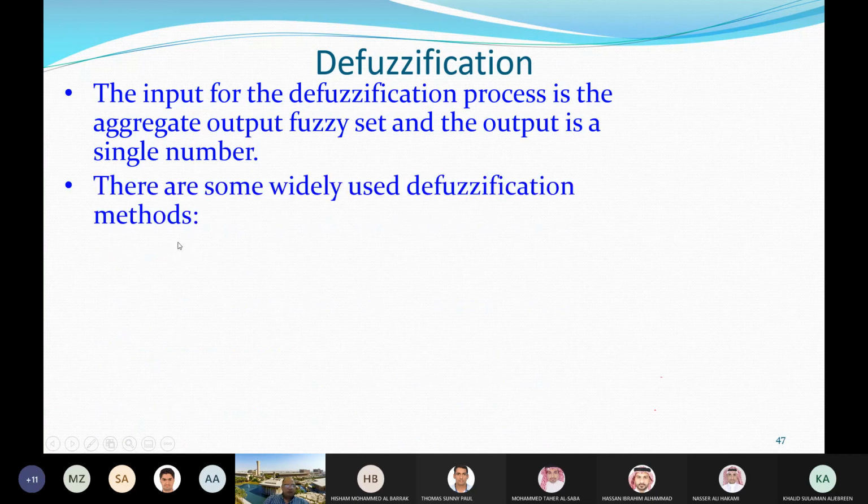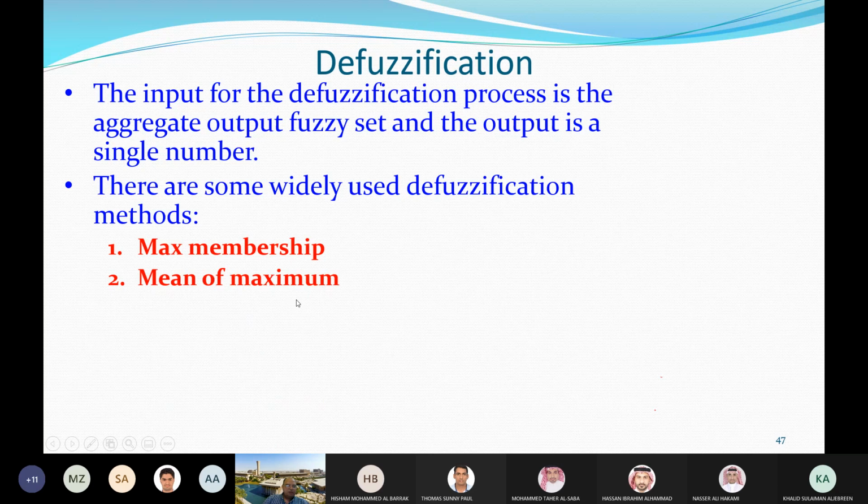There are some widely used defuzzification methods. One of them is maximum membership, and we will see how. Mean of maximum is another straightforward calculation for converting from fuzzy to non-fuzzy. Weighted average is another method.